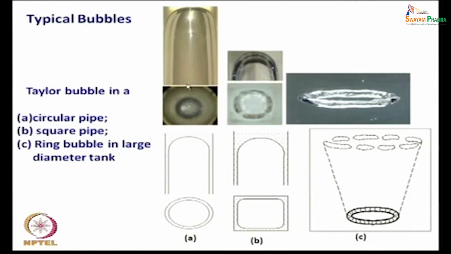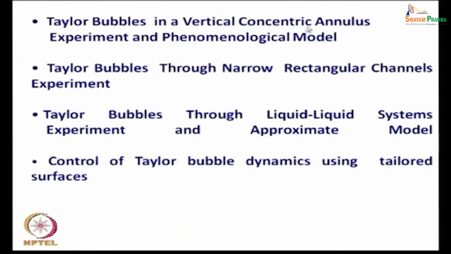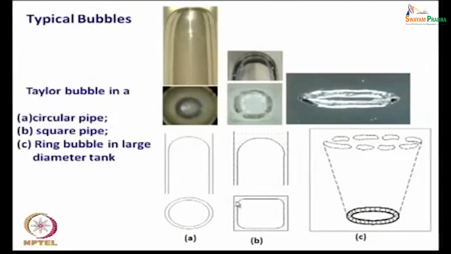Now, we have studied Taylor bubbles over a wide range of circumstances. We have studied Taylor bubbles in vertically concentric annulus, in narrow rectangular channels, in liquid systems, and in very narrow milli channels under different wall conditions.